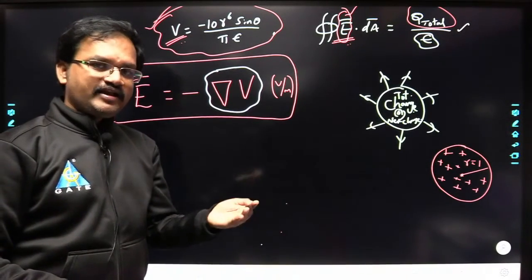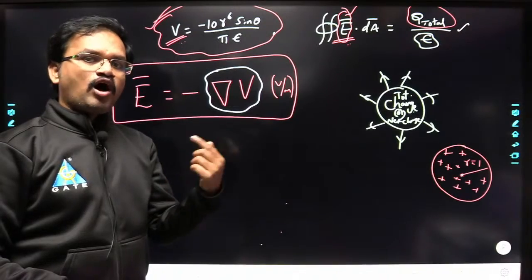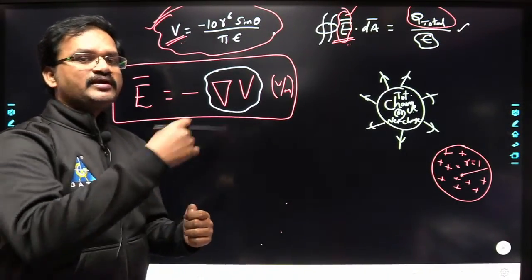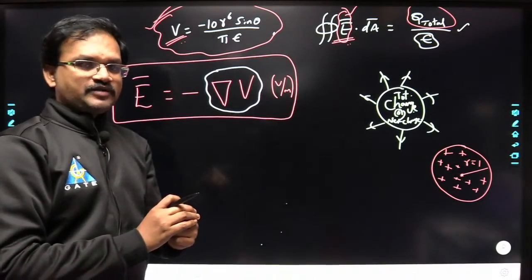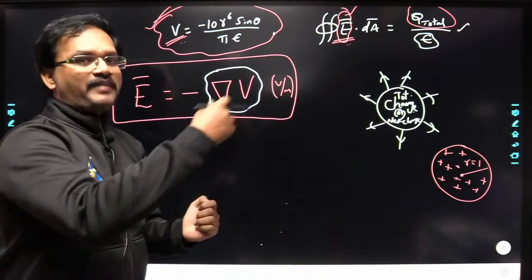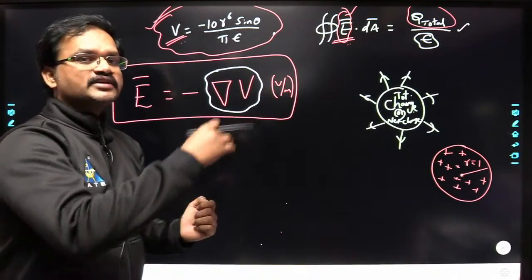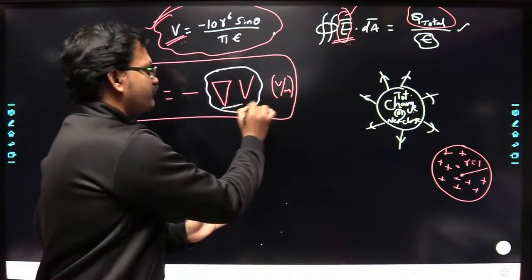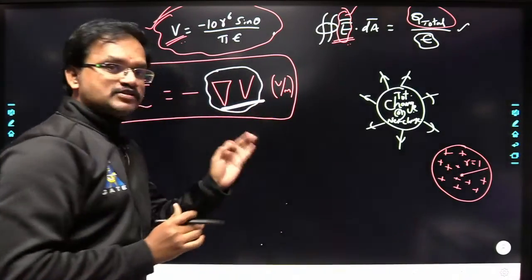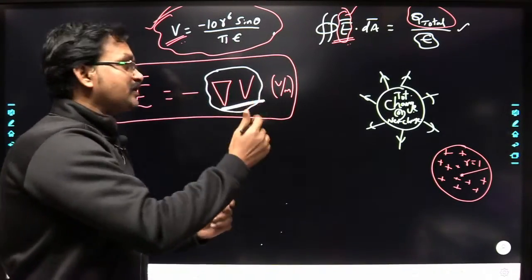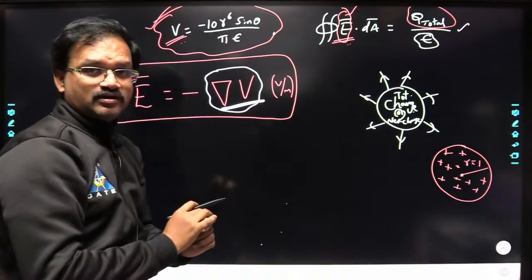The gradient will always point in the direction of maximum increase of the scalar function, that means the direction in which the scalar function is increasing maximally. So gradient of V will always point in the direction of maximum increase of potential.